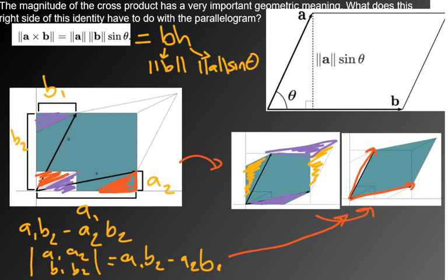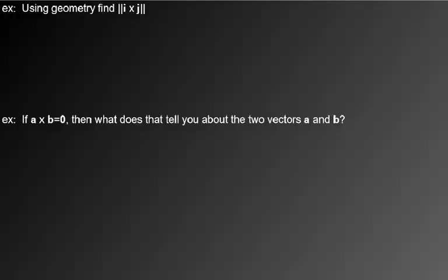And it really just comes out of geometry related to base times height for a parallelogram. So if you have that in mind, you can do some problems in your head. If you use a geometric idea and you want to find the magnitude of I cross J, I can do this without even doing a cross product.